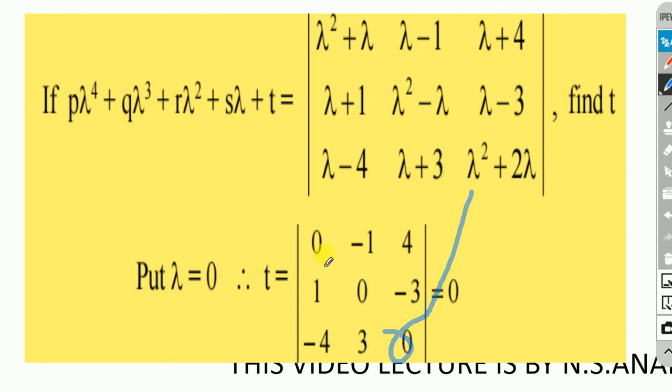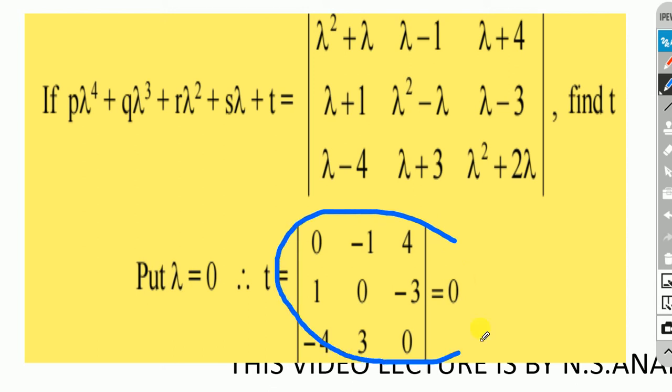So now again this is a skew symmetric matrix of odd order like the previous problem. So this value is 0. We need not expand. Even if you expand this, you will get the value 0.